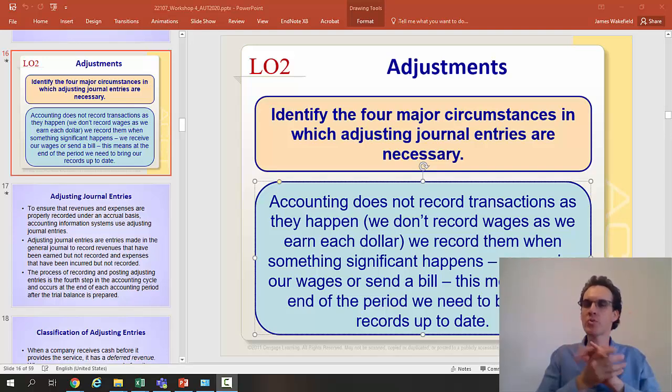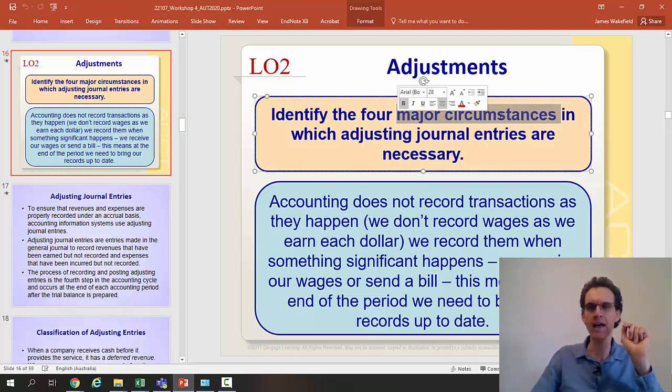So what we do when we reach the very end of the financial period and everything's completed for the financial period, we record a series of adjustments to bring everything up to date, to make sure that we record all the revenues that have been earned for the period and all the expenses and the associated changes in assets and liabilities.